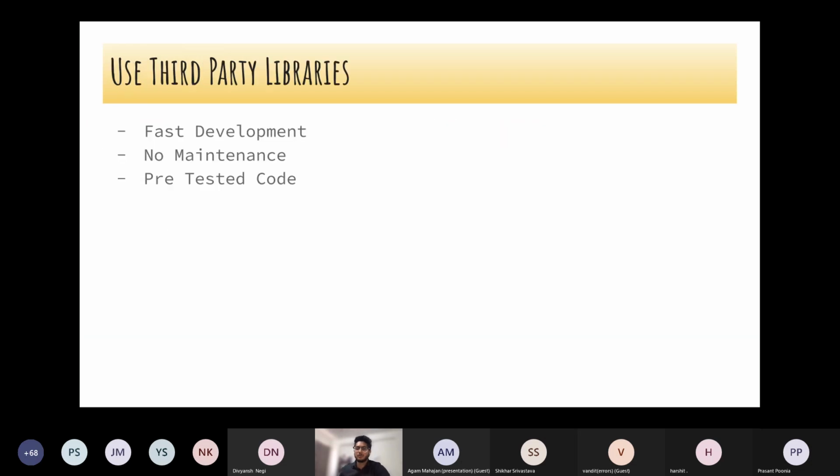Cool. Moving on to the next one, which is using third-party libraries. I always encourage using authentic third-party libraries from large companies. If we try to do everything ourselves, which is already implemented in a better way in open source, that is a wastage. You have to do a lot of maintenance.